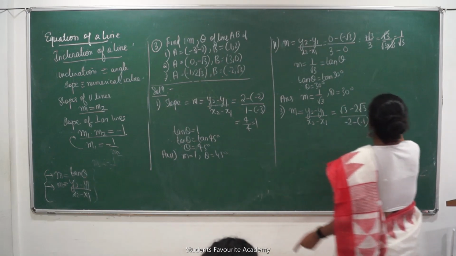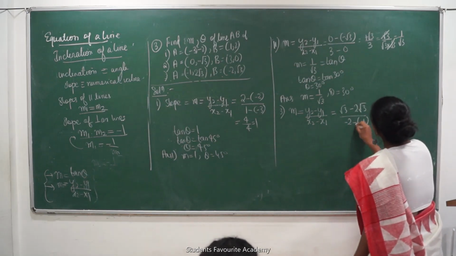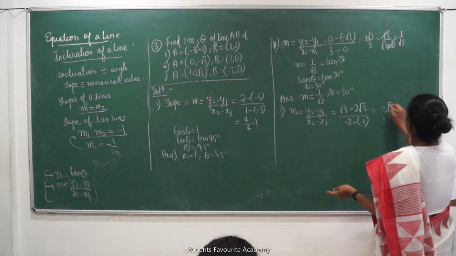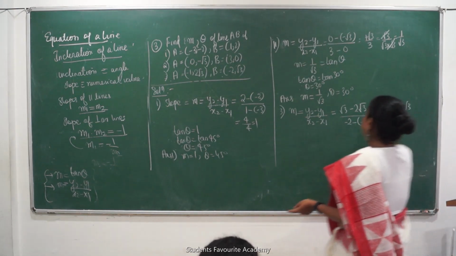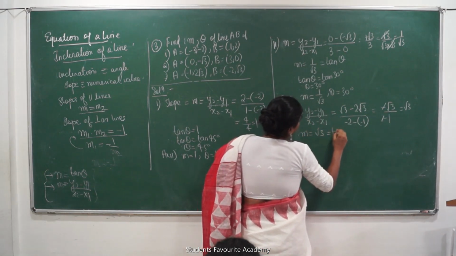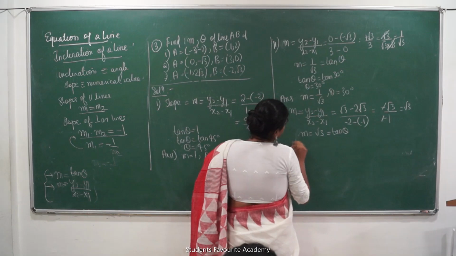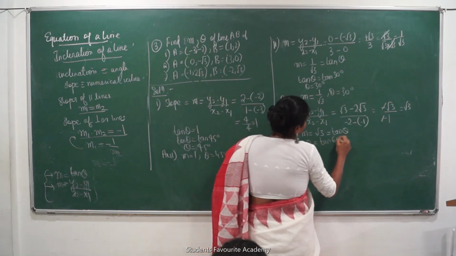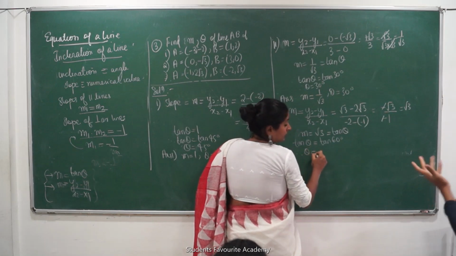That is equal to -√3 upon minus and plus what is this? -2 plus 1 is -1. So minus 1 we are left with √3. So can I say M is equal to √3 is equal to tan theta? So can I say tan theta is equal to tan of 60. Theta is equal to 60 degrees.